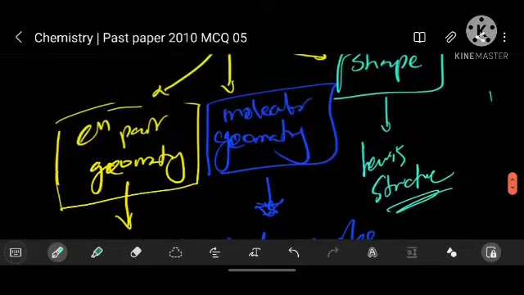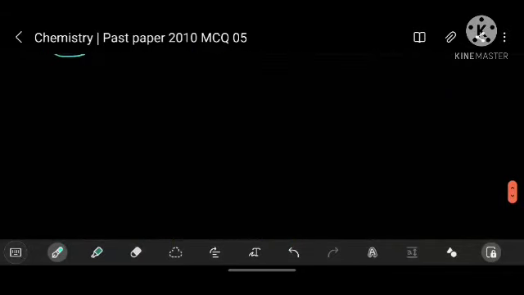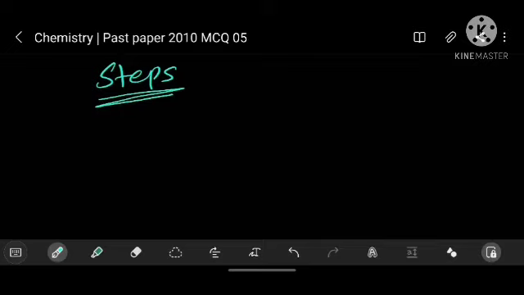Let's move to some examples and figure out what exactly the electron pair geometry, the molecular geometry and the shape are. Now we have some steps to be carried out in order to find the shapes. The first one is that we have to draw the Lewis structure.